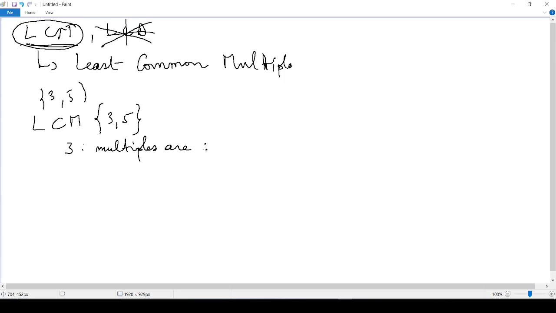Multiples of 3 are 3. Of course, we are not counting 1. So 3, 6, 9, 12, 15, 18, 21, 24, 27, 30, and more.